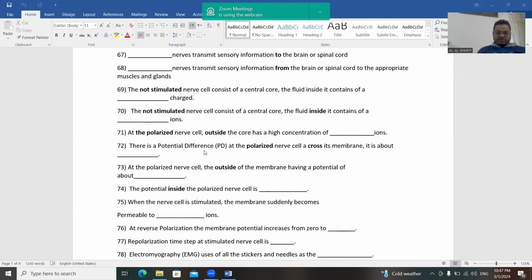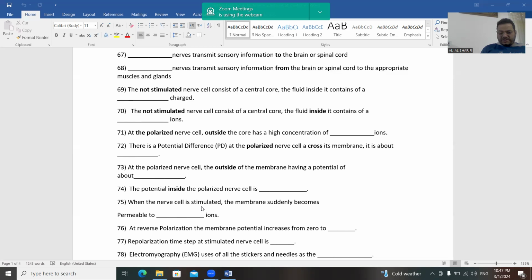There is a potential difference at the polarized nerve cell across its membranes. It's about, I need number. The outside of the membranes has a potential of about. The potential inside the polarized nerve cell is.